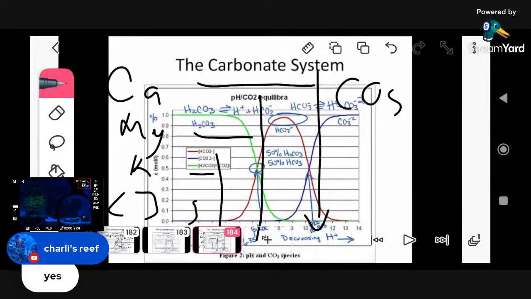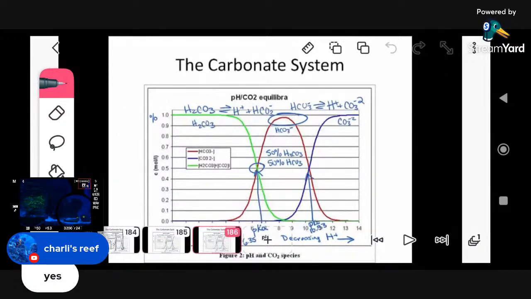So these are all solids forming right here, and up to right here it stops forming solids, okay? You get what I'm saying, guys? So depending on the pH of your solution, your calcium will stop forming solids up to right there. Magnesium right there. Potassium right there.